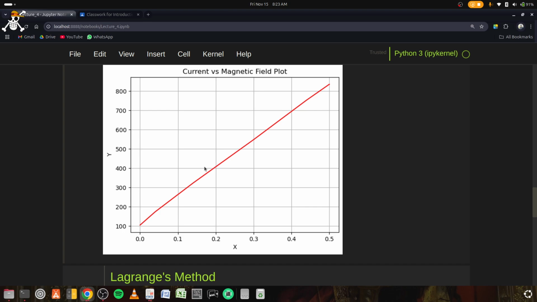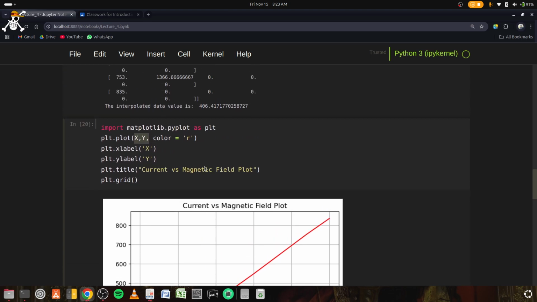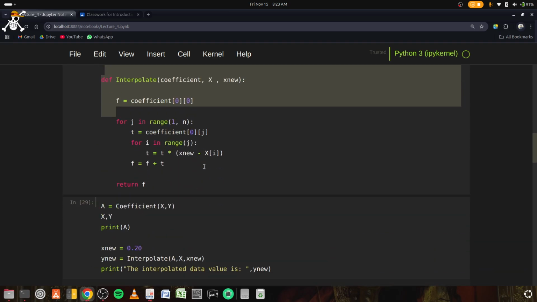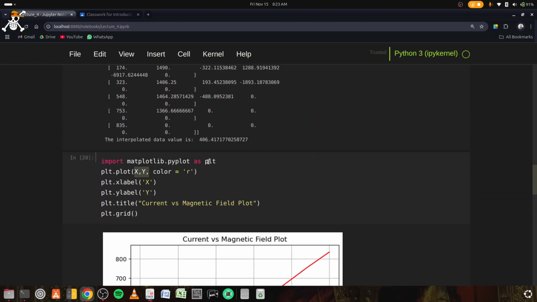So the value of magnetic field at 0.2 ampere will be equal to or close to 406 Gauss. So that is how you get a new data point using Newton's interpolation method.